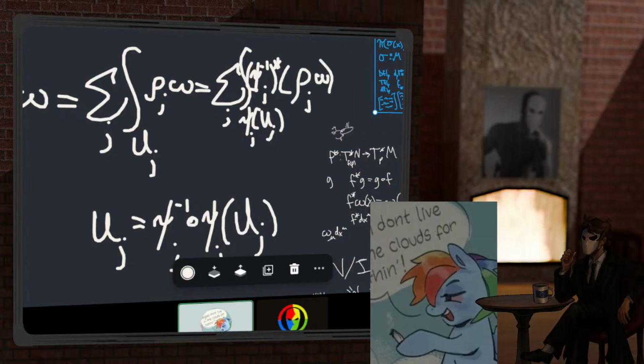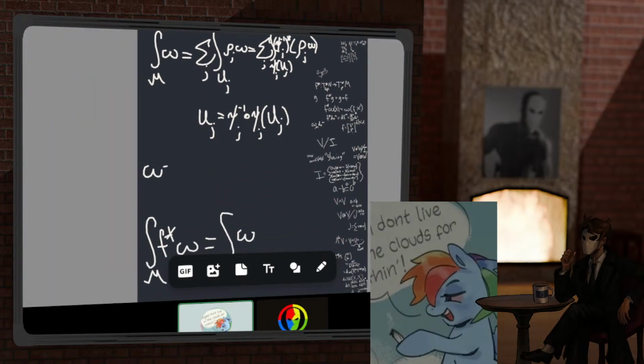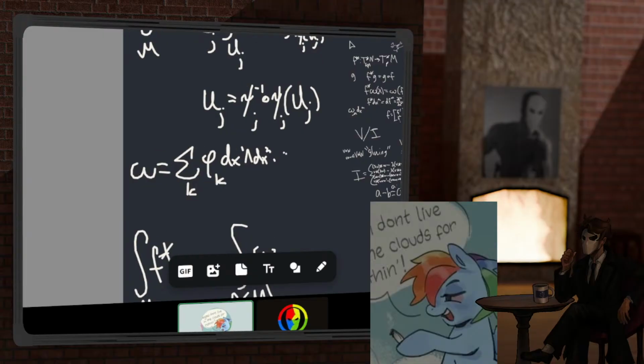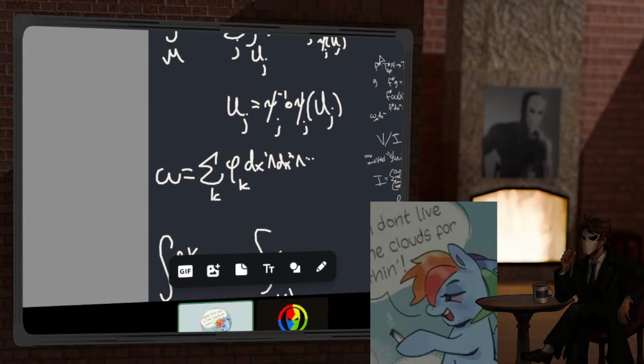And then say you want to define your form omega as some sum over a value k of some functions phi k times dx1 wedge dx2 wedge and so on, all the way up to dxn.